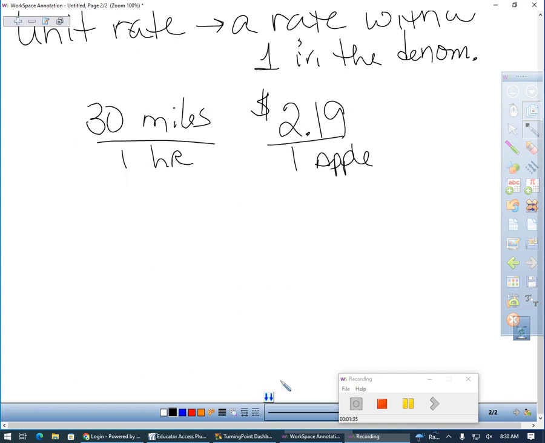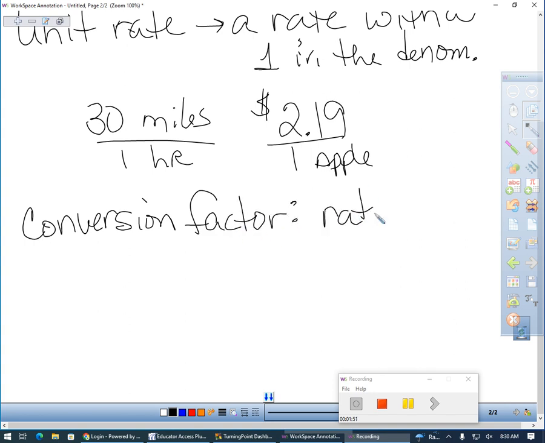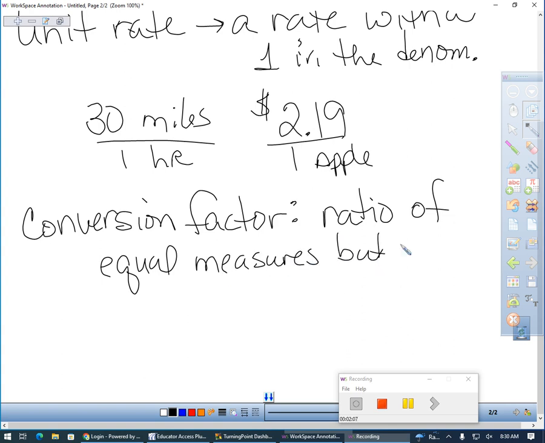The other very important vocabulary word in this chapter is conversion factor. A conversion factor is a ratio of equal measures but different labels.